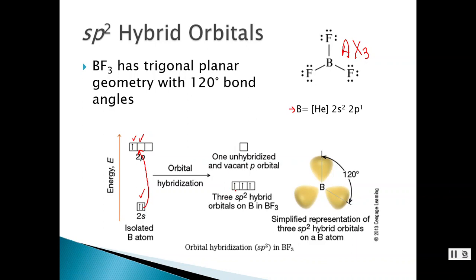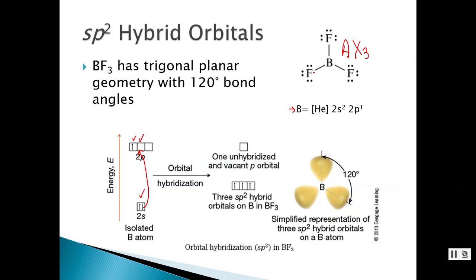And these sp2 hybrid orbitals, of which there are 3, because I have mixed 1 s and 2 p orbitals to give sp2, these 3 sp2 orbitals are now available to accept the electron from the p orbital of fluorine.